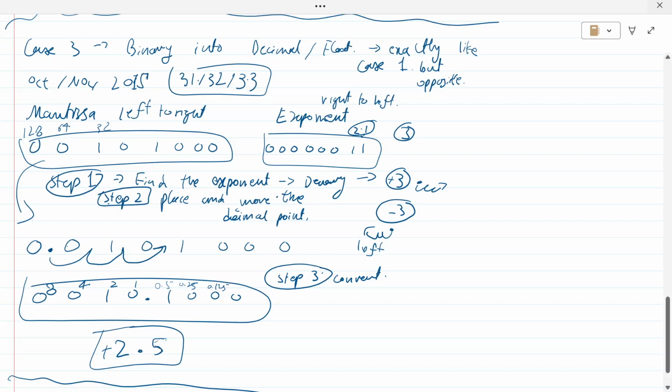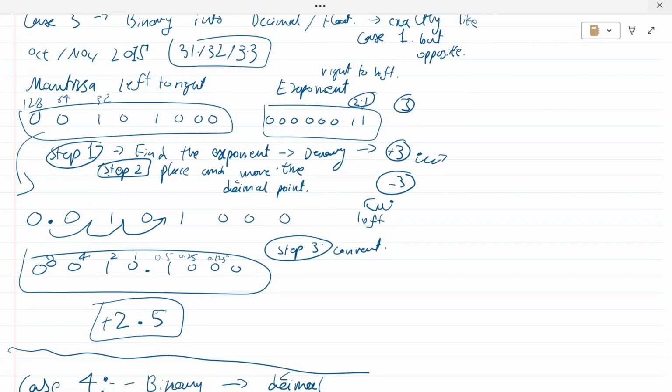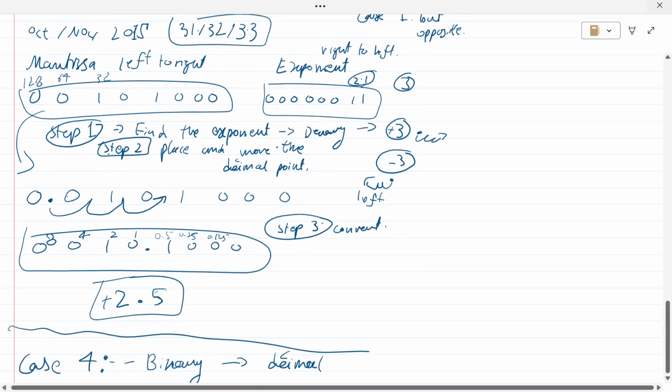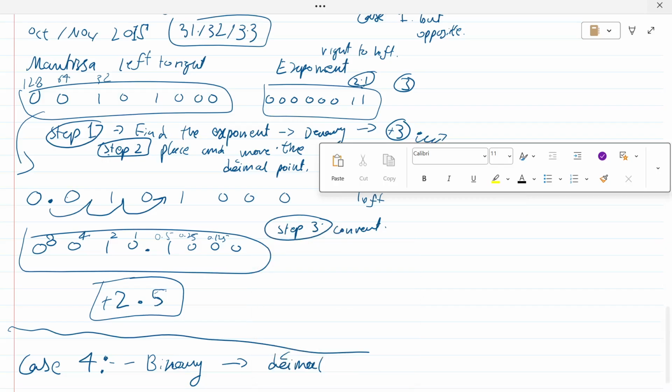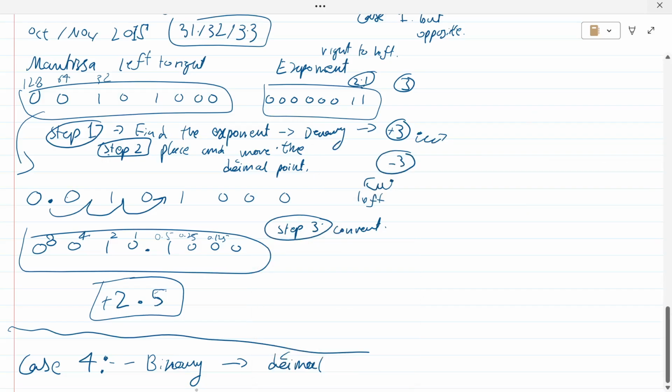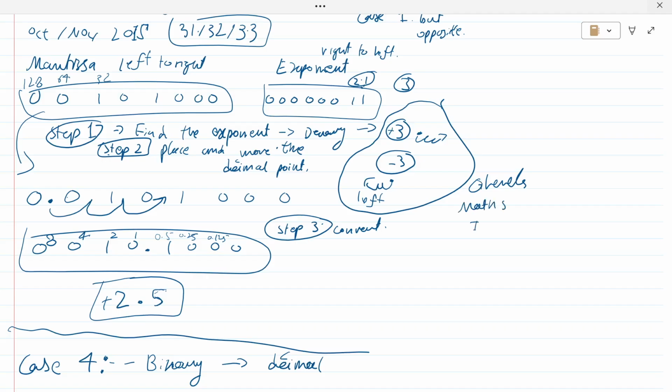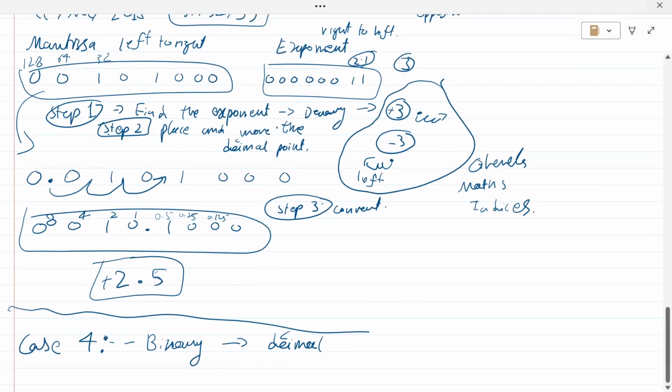If your exponent is positive, you move the decimal point to the right side. Otherwise, if your exponent is negative, you just move it to the left side. It's just that much of a difference. It's nothing extremely difficult. It's nothing extremely new. This part is just O levels maths, indices. I mean, you guys have all studied it, so there's no breaking a sweat in that, right?